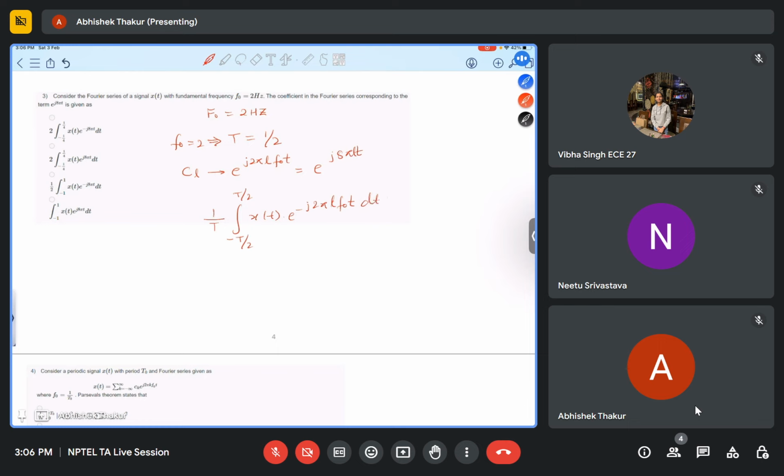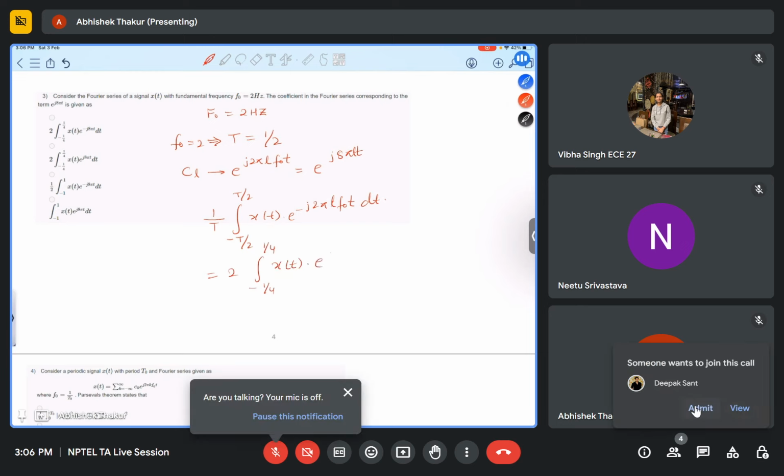So this we can write, with T as 1 by 2, as 2 times integral from minus 1 by 4 to 1 by 4 of x of t into e to the power of minus j 8 pi t.